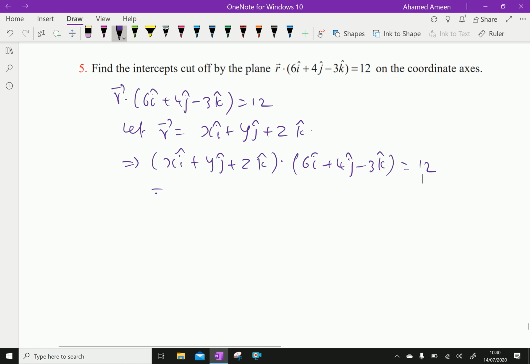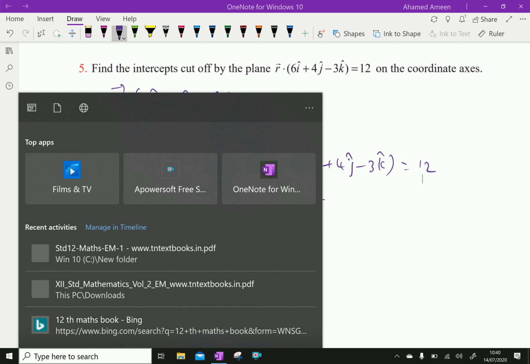So we have 6x plus 4y minus 3z equal to 12.